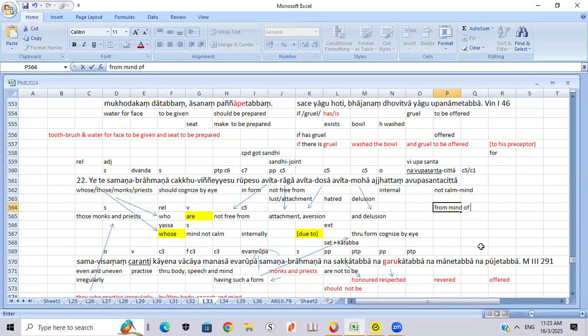So in this case, you will say not calm. So take away this first: mind of not being calm, not being calm. I have to add in a little bit of English in order to bring it out. So it can be a compound. So mind of not being calm. So it's a mixed compound. It can be a mix.